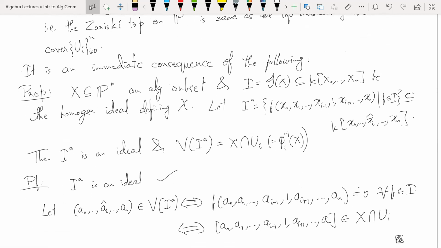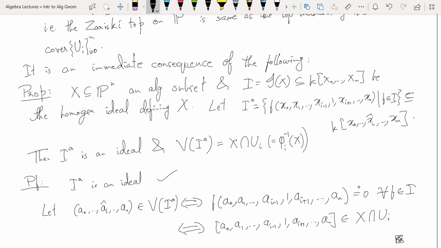So you take any homogeneous ideal of k[X0 to Xn] such that V of I is X, and let IA be the set of f(x0, ..., xi-1, 1, xi+1, ..., xn). You just plug in small x's so that there is less confusion, instead of capital X, for all f in I.